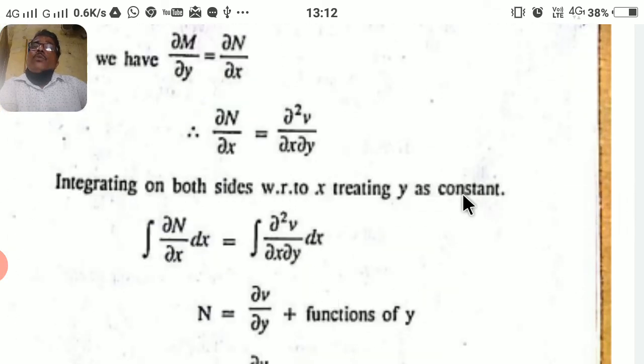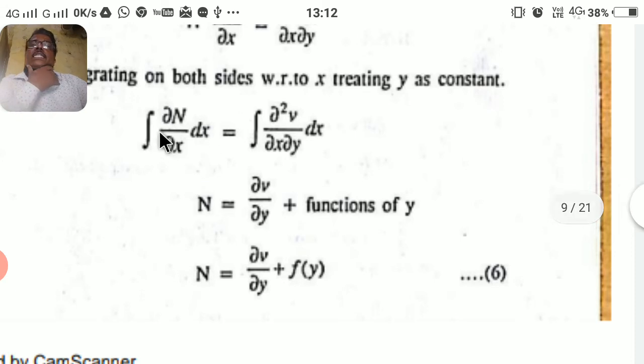Next, integrating both sides with respect to x, treating y as constant. So now the integration of ∂n/∂x dx is equal to the integration of ∂²v/∂x∂y dx. Now integrating with respect to x, treating y as constant. Okay. Now here integration and differentiation get cancelled, which gives n, which is equal to, here also one integration and one differentiation in x get cancelled, which gives ∂v/∂y plus an integration constant.